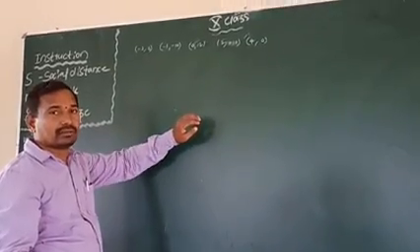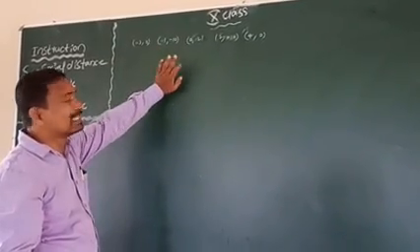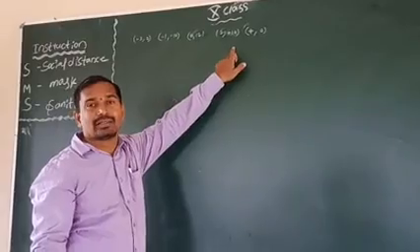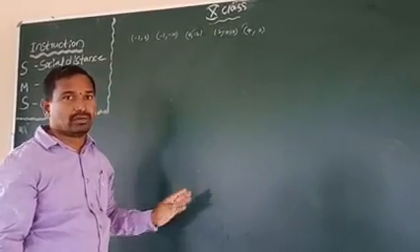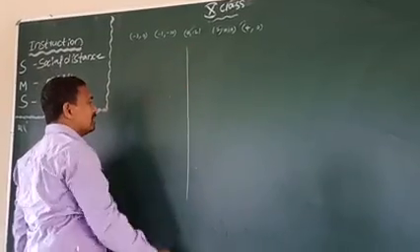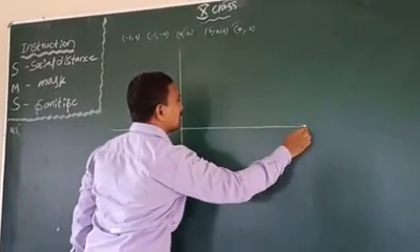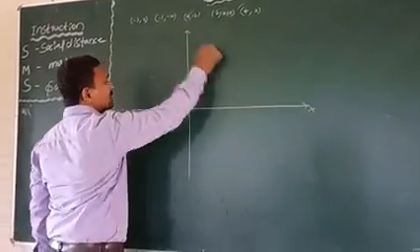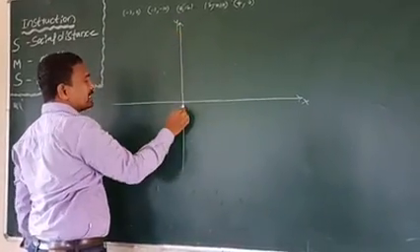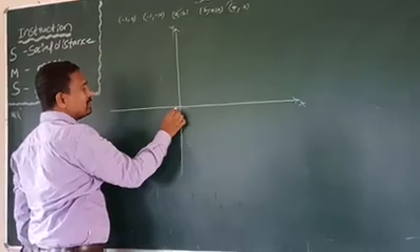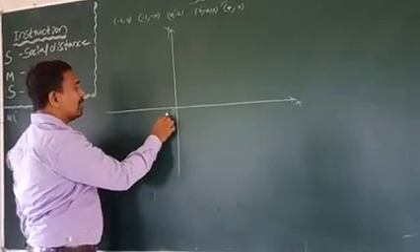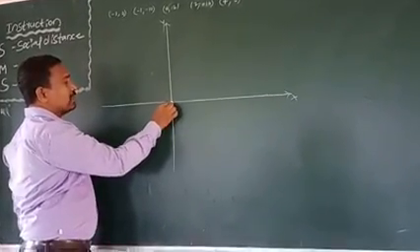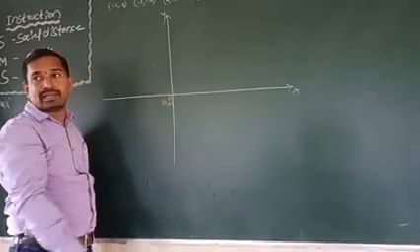Now let us plot these points on the coordinate plane. Coordinate plane means take two perpendicular lines. This horizontal line is the x-axis, this is the y-axis. The intersecting point is the origin, 0 comma 0. At this point, x value 0, y value 0.